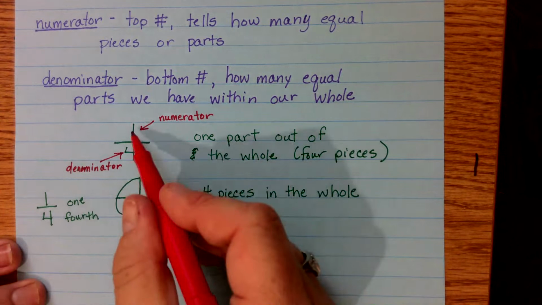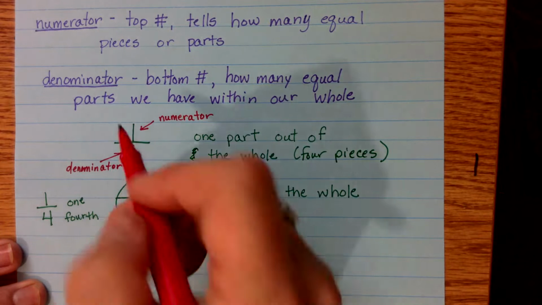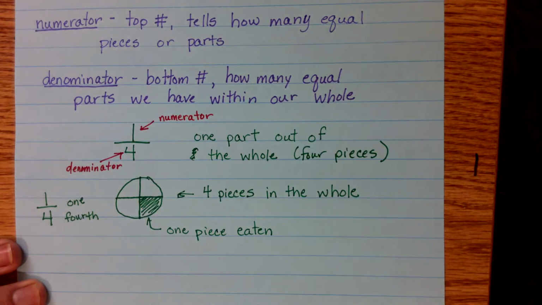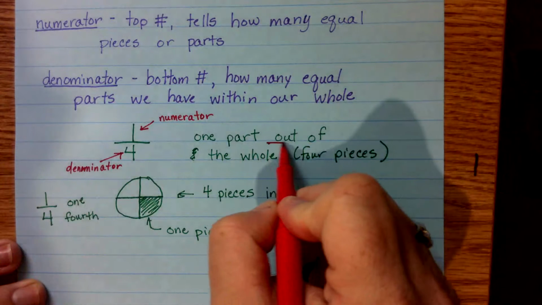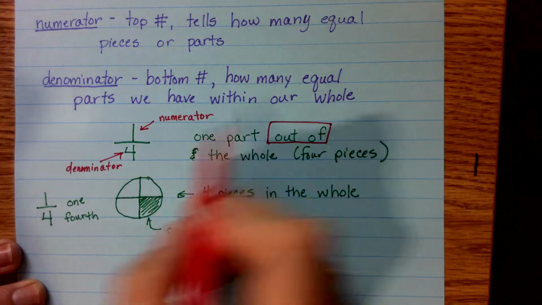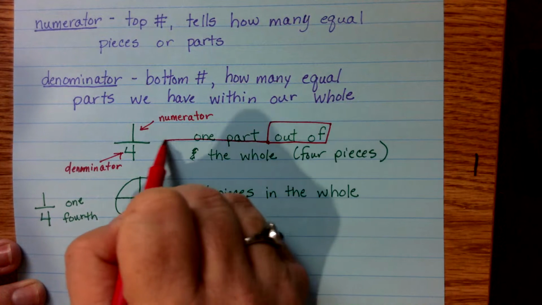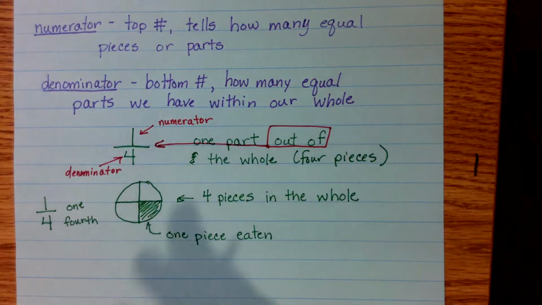So we could say 1 out of 4 or 1 divided by 4, and both of those would be the same. Specifically, when we deal with fractions, we deal with 1 part out of however many pieces. And that's what that little line literally says, is 1 out of 4.